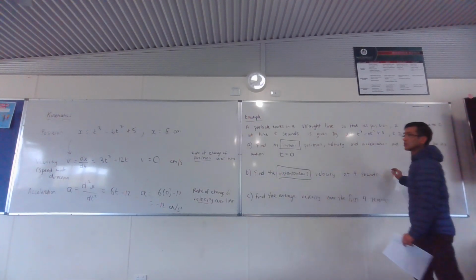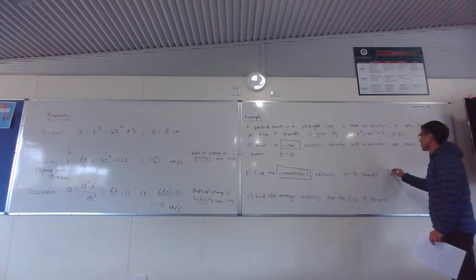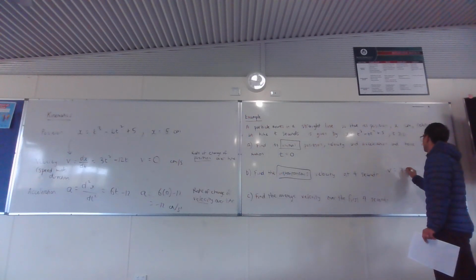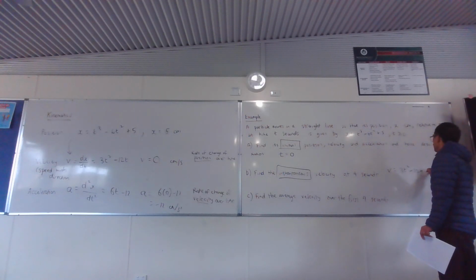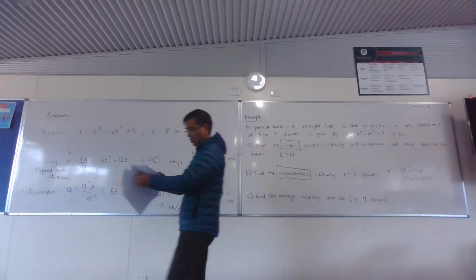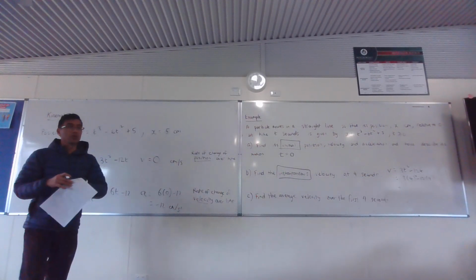Okay. So instantaneous velocity, 3t squared minus 12t, so 3 times 4 squared minus 12 times 4. If you put that in your calculator or do that in your head, can anyone tell me what you get?